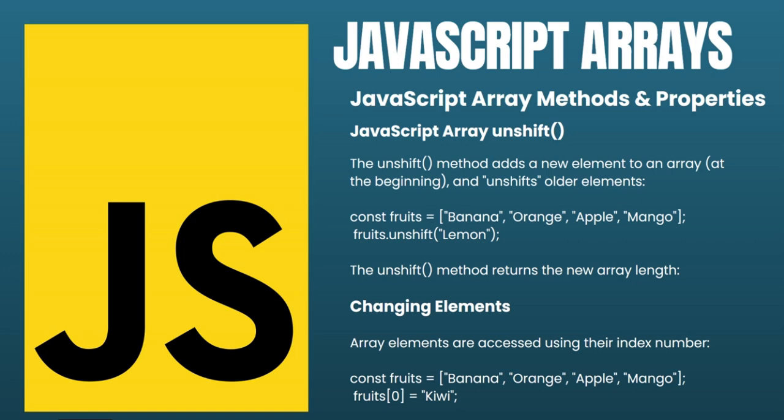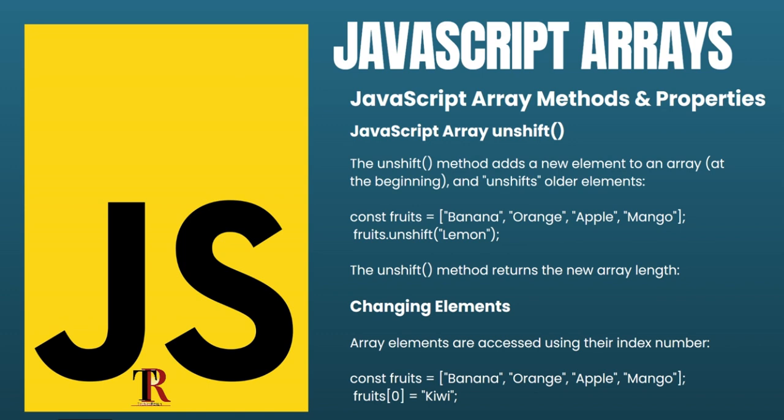In the previous lesson, we talked about the shift method in JavaScript and how elements can be shifted. The shift method behaves like the pop method, only that instead of removing the last element, it removes the first element of your array, and that is the difference between the two methods.